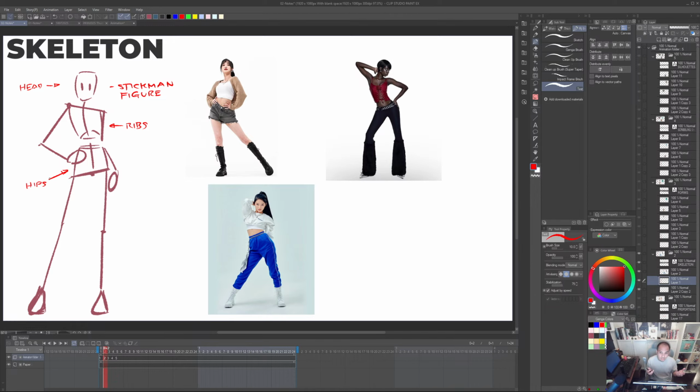And the rest, the arms and legs, will just be lines.